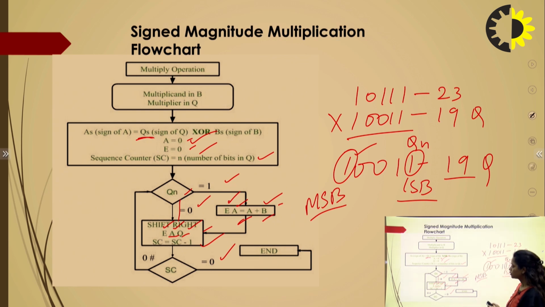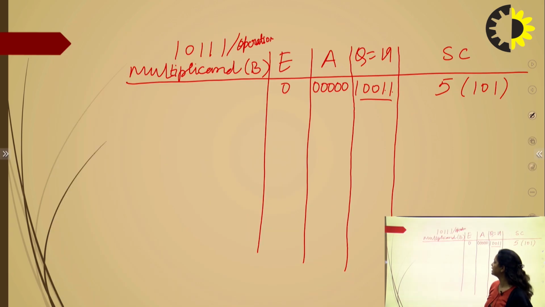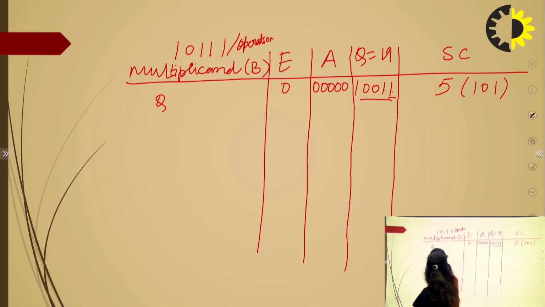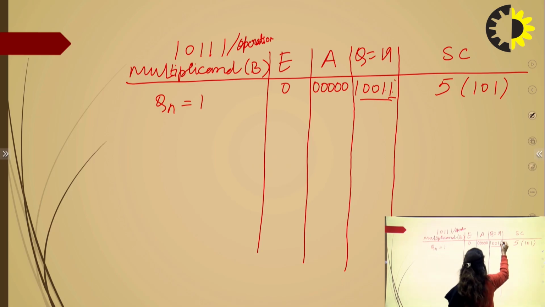Now the second step is to perform a check on Qn. So looking here, what is Qn? As I told you earlier, this Qn is the least significant bit of our multiplier, that is 1. So I am writing over here what is Q1 in the very first step, 1, which we have taken from this bit.